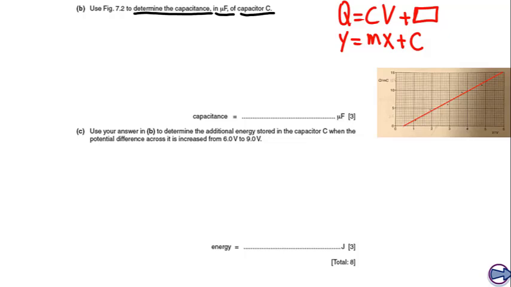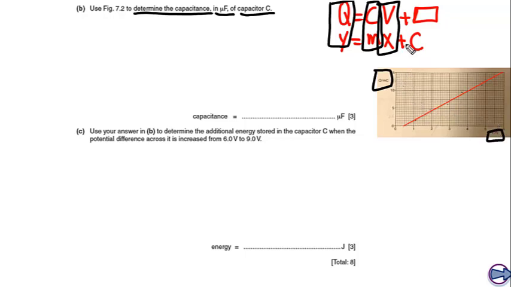Now, in this case, Q is on the y-axis, and the capacitance will be equal to the gradient of the graph if we have Q on the y-axis and potential difference on the x-axis. And this is the case. As you can see, on the y-axis we have Q, and on the x-axis we have potential difference.